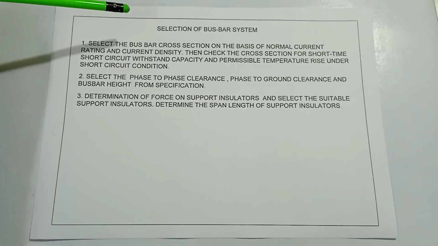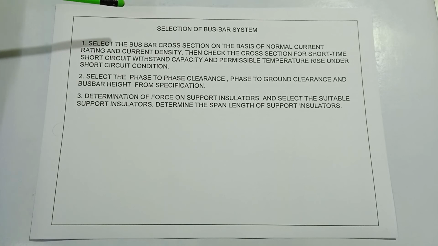Selection of busbar system. How to select busbar system? First, select the busbar cross section on the basis of normal current rating and current density. Then check the cross section for short time short circuit withstand capacity and permissible temperature rise under short circuit condition.